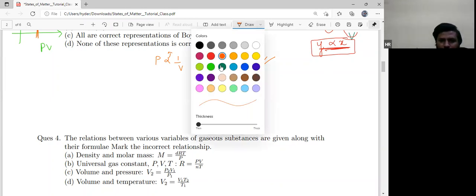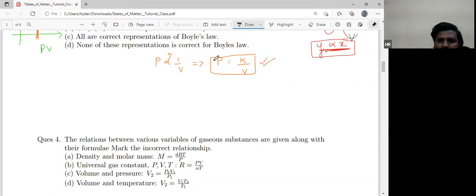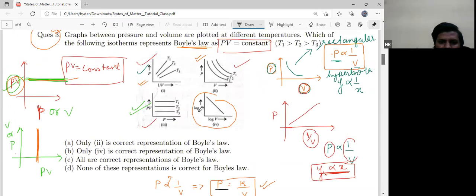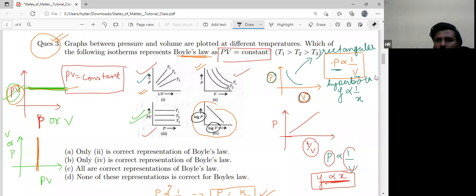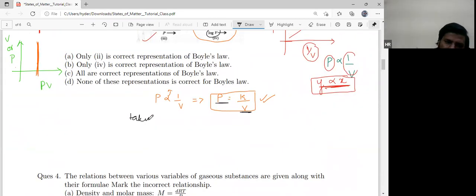Now, come to the point. Here is a relation between P and V, and we need to calculate it in log P and log V. So I'm just taking log on both sides of this equation.